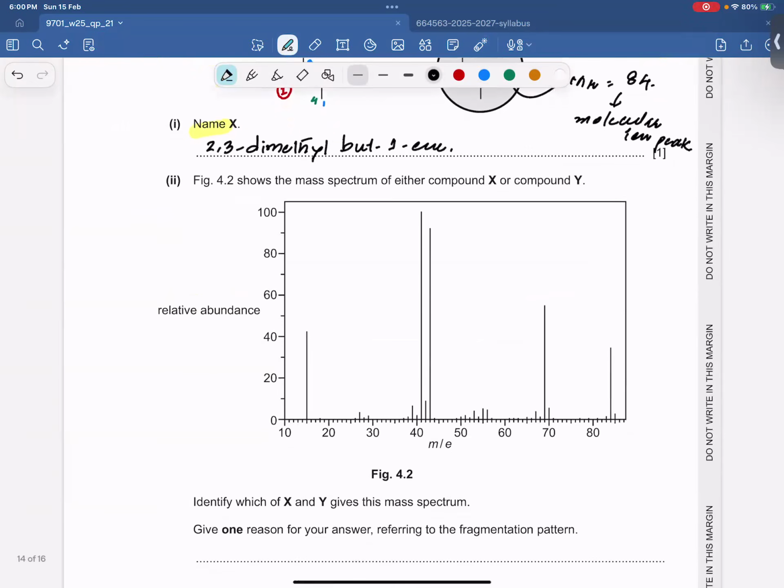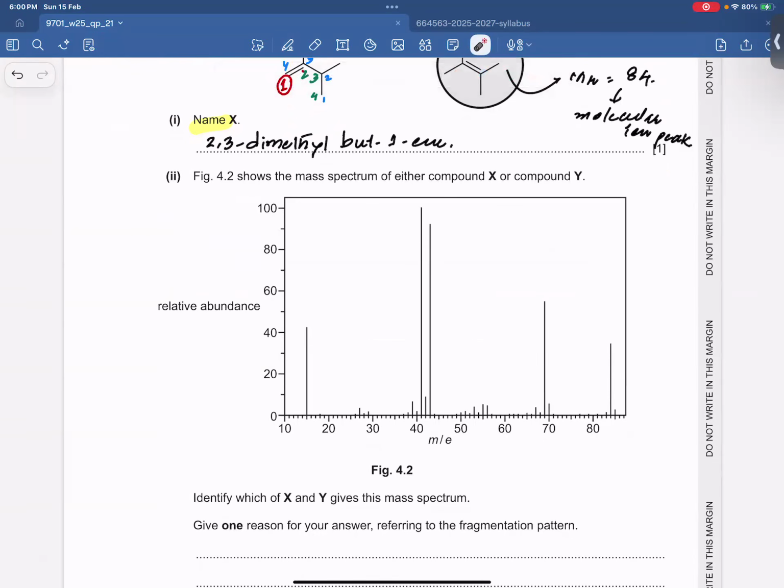So this is the molecular ion peak: 80, 81, 82, 83, 84. And it shows mass 84. So if molecular mass is increased by 1 unit, then it's going to be M plus 1 peak, because this peak appears at mass 85. I hope it makes sense to you.